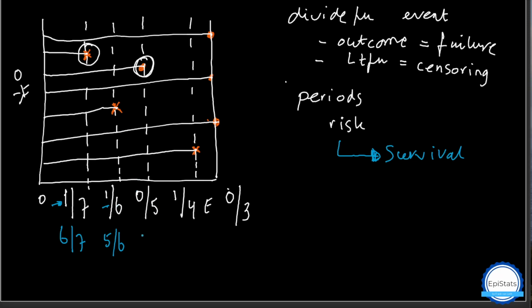The next period, we have all 5 people who started surviving without the outcome. The event that occurred was a censoring, not a failure. And then we can continue here, we have 3 out of 4 surviving, and here we have 3 out of 3 surviving. Now the Kaplan-Meier estimate is a conditional probability.